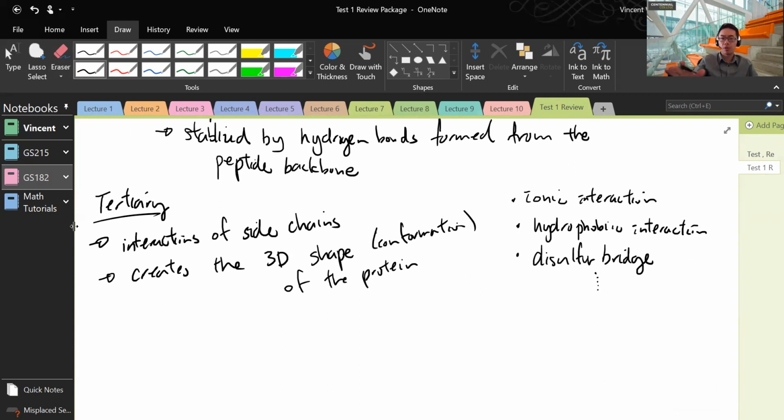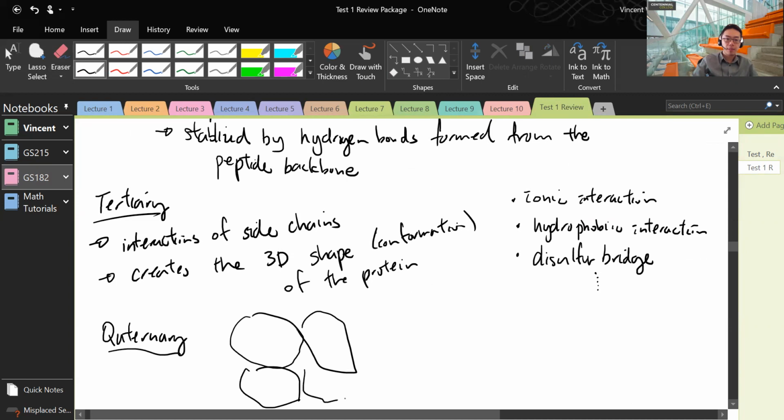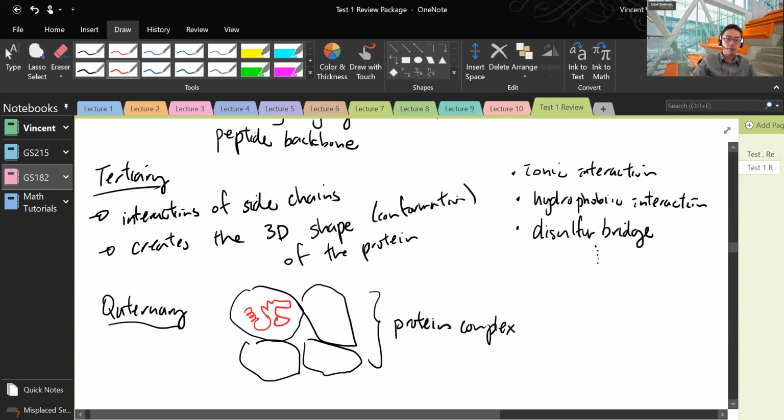And again, most proteins will stop at this structure, right? The tertiary. But some will continue to fold and form the quaternary structures. Okay, that's when you have multiple polypeptides coming together to form a protein complex. Okay, so this would be like, you know, peptide number 1, right?